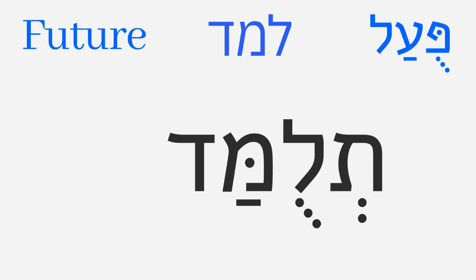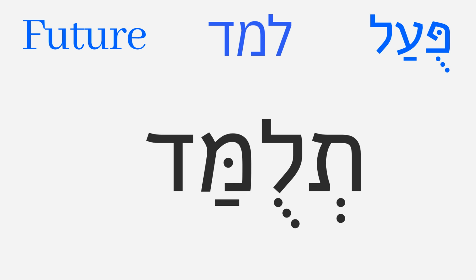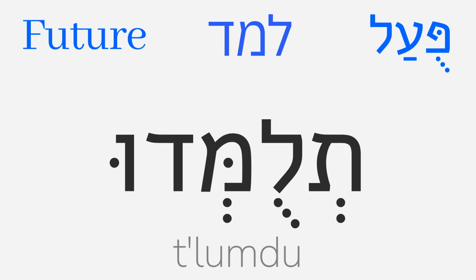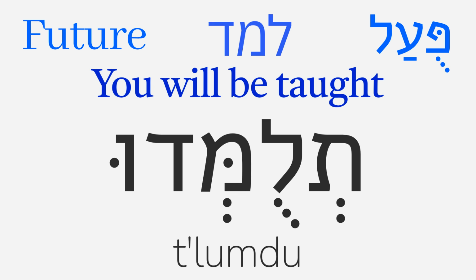Again with talumad, we'll shorten the vowel on the second root letter to a shva and add i to make talumdi, you will be taught feminine singular, and adding u, talumdu, you will be taught masculine plural.